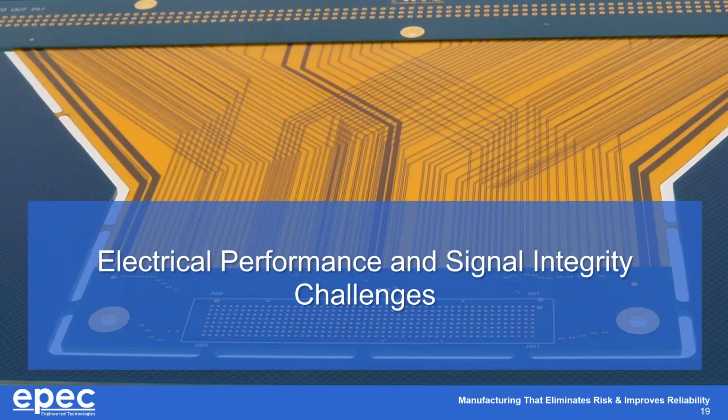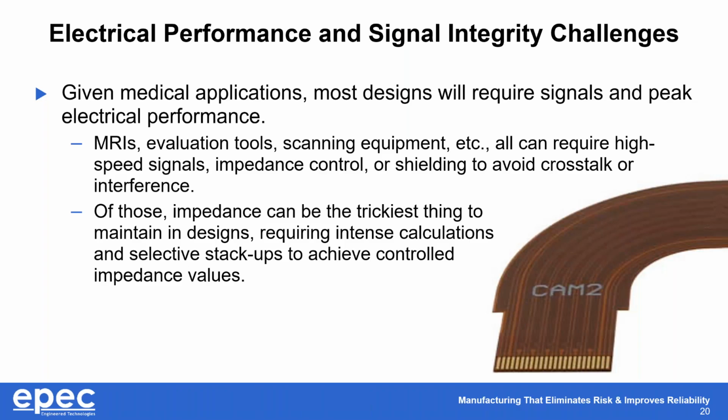So moving on, we've got electrical performance and signal integrity challenges. Given most medical applications, it's no surprise that they will require signals or a greater demand of electrical performance than some other applications or industries.